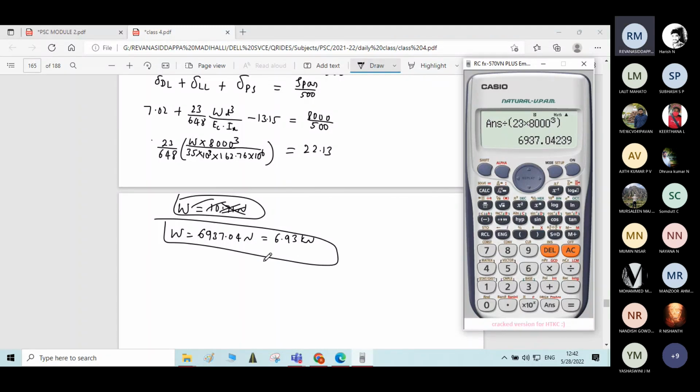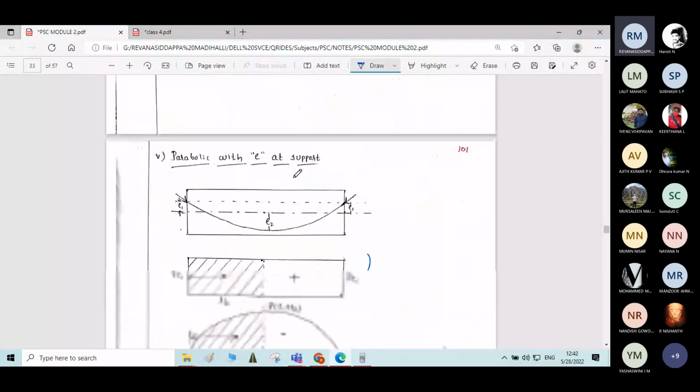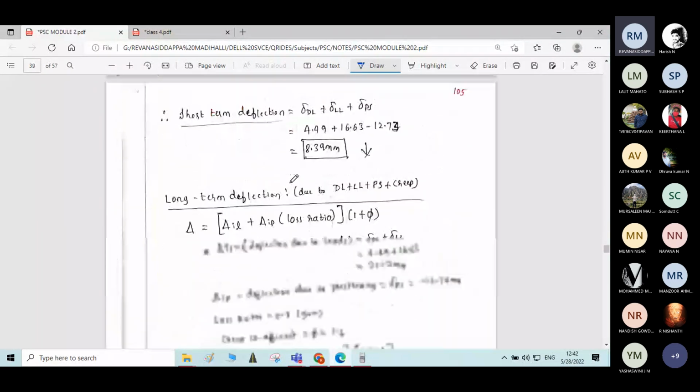Yes, same: 6937.04 Newton, 6.93 kilonewton. So in the notes I have written a different answer; please correct it, students, in the notes.